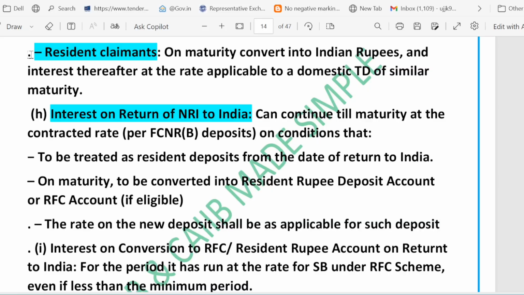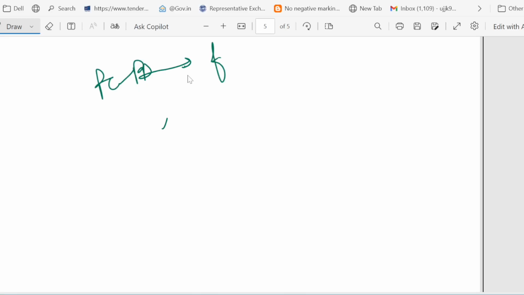Let me make you understand this entire paragraph using one simple example. Think of it like this: there is a foreign currency FD, and it finishes, and the person getting it lives in India. So the bank pays out in rupees and then treats the remaining money like a normal Indian FD. That is what I mean by resident claimant.